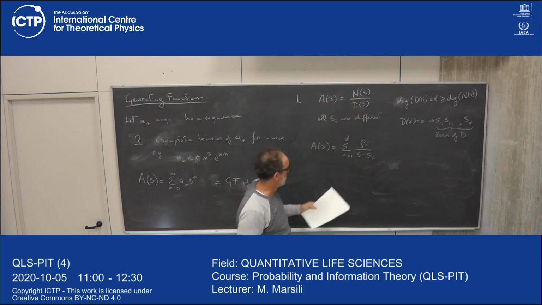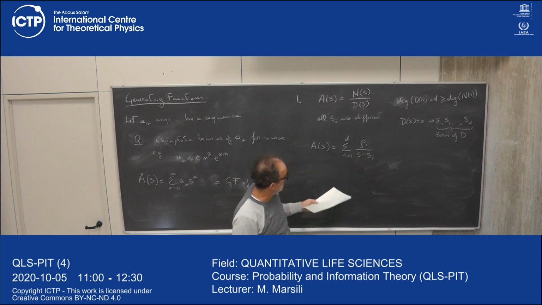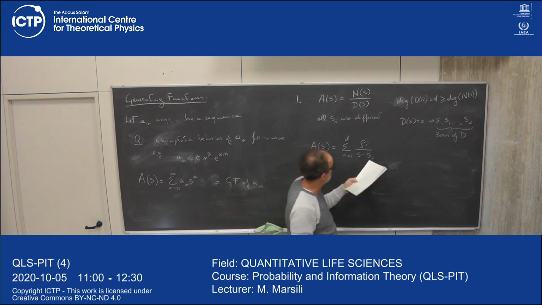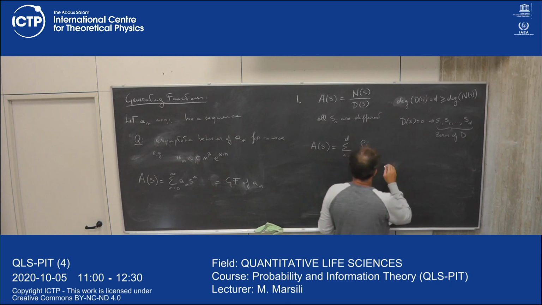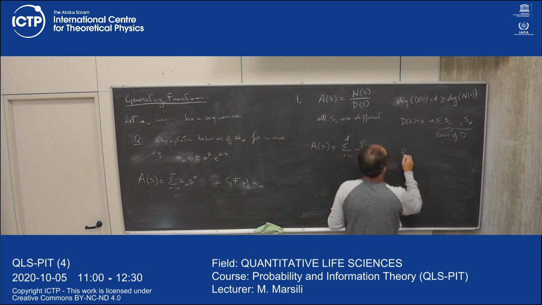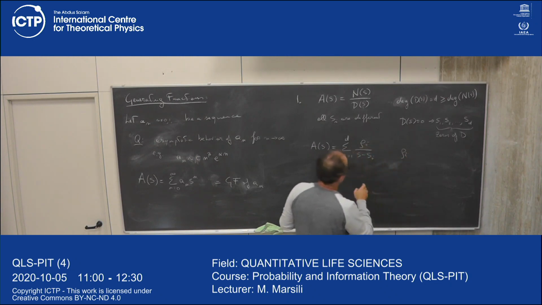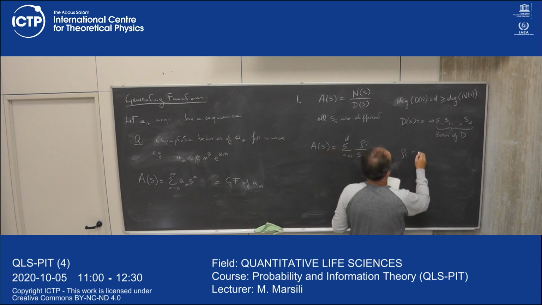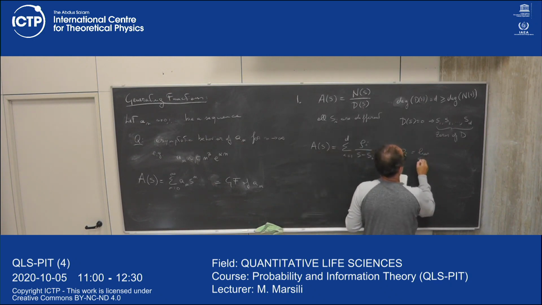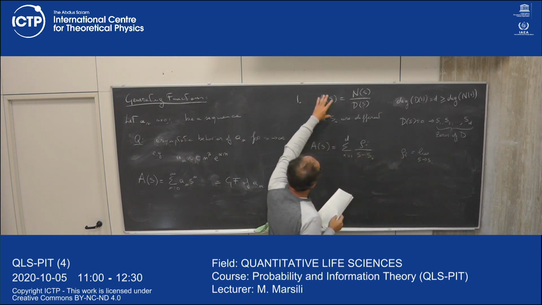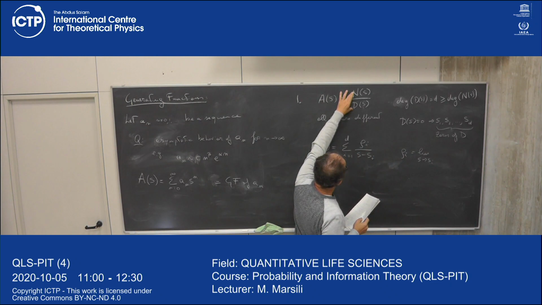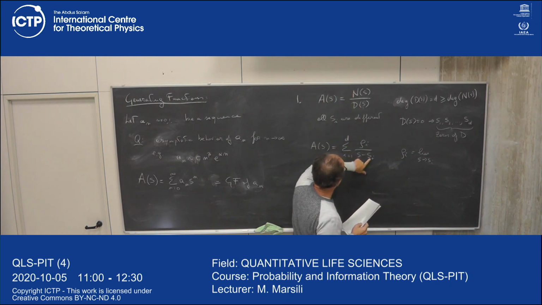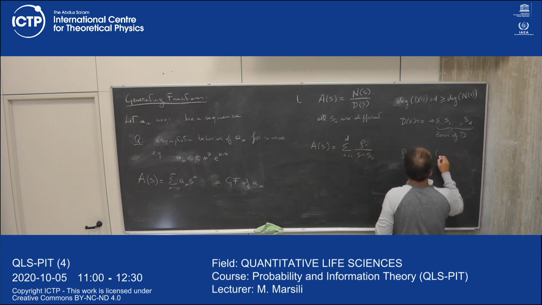Okay, the only way to compute these numbers rho I is to impose that if you take the limit as s goes to si of this object here times s minus si, then you should obtain the same.